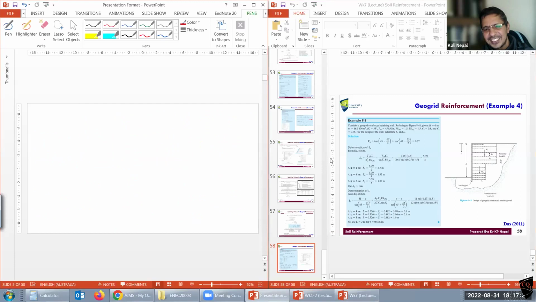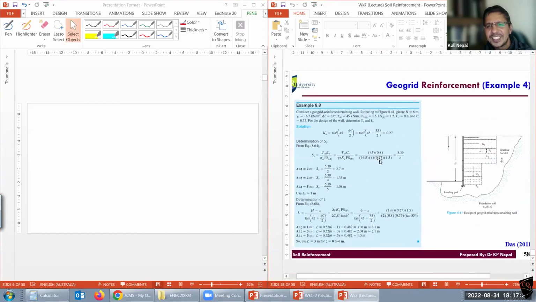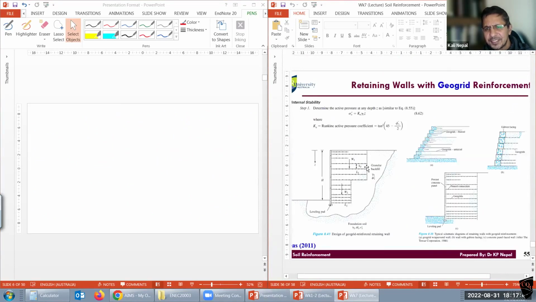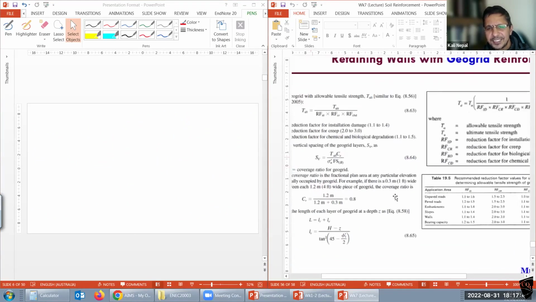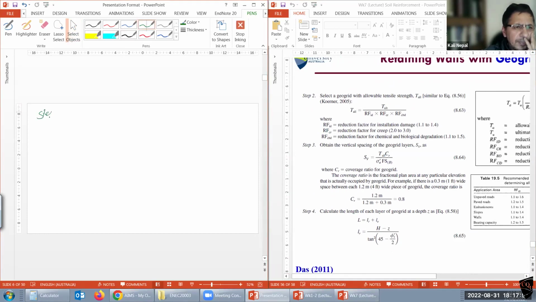All right, can I just enlarge this? Just a question only, all right? So we need to calculate SB. What is the formula for SB? This one. Can you copy that now? Another tutorial problem. So step 3 now, yeah? SB has to be equal to T allowable times CR divided by the lateral pressure, right?